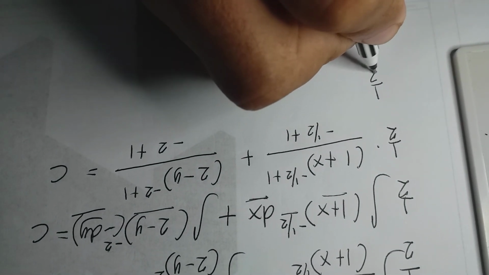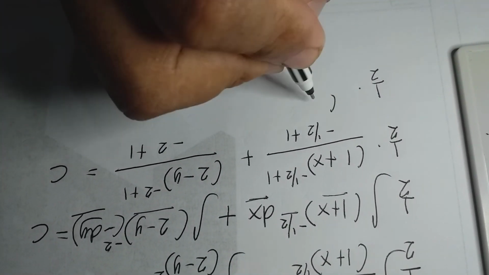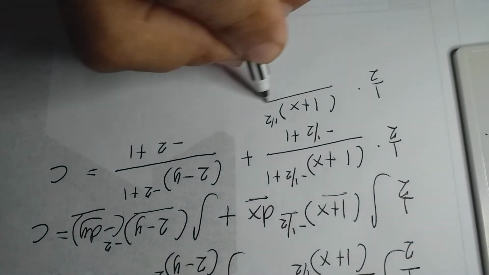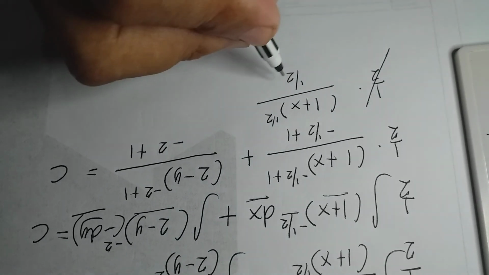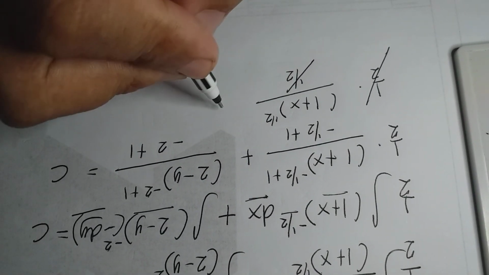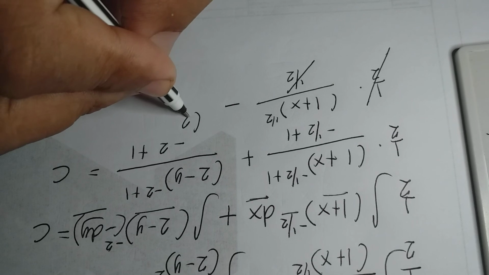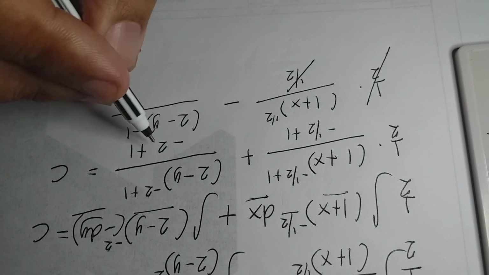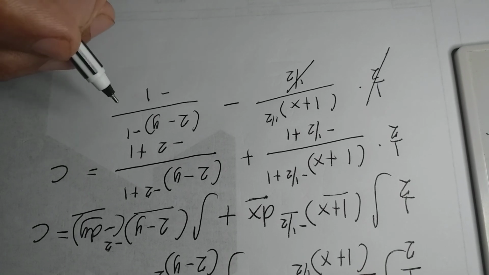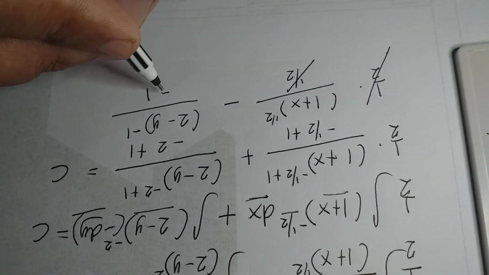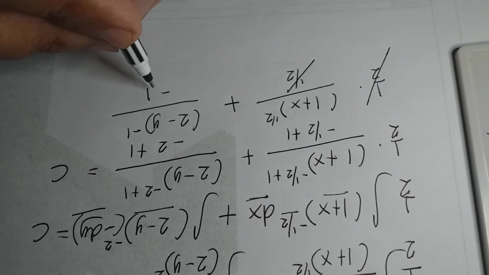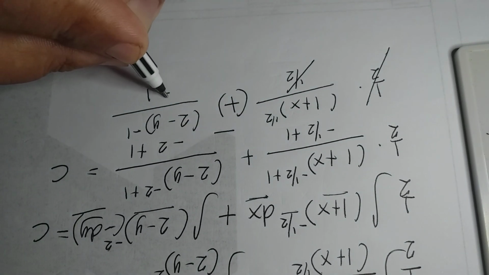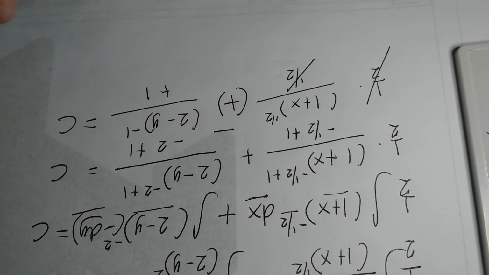So we have 1/2 times 1 plus x raised to 1/2 over 1/2. This cancels. Minus 2 minus y raised to negative 1 over actually negative 1. Okay? So, this must be positive. If we're going to multiply negative with positive, this becomes negative and that will be positive is equal to c.